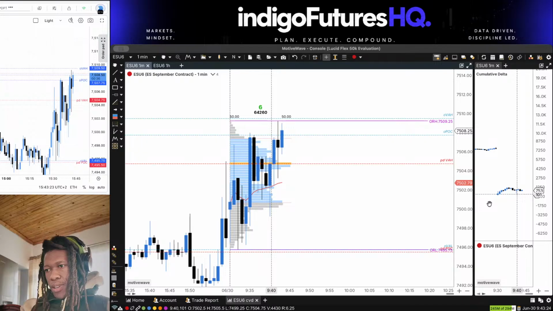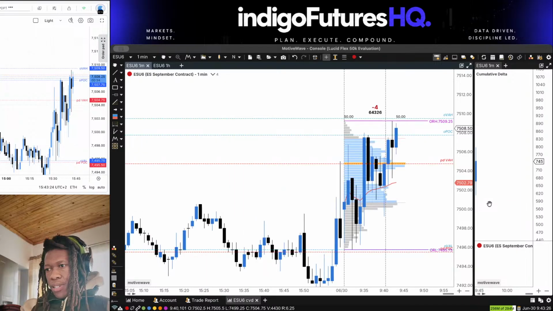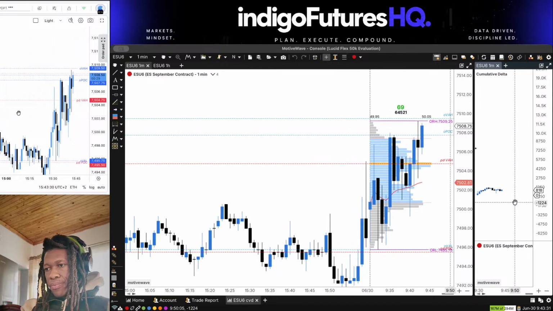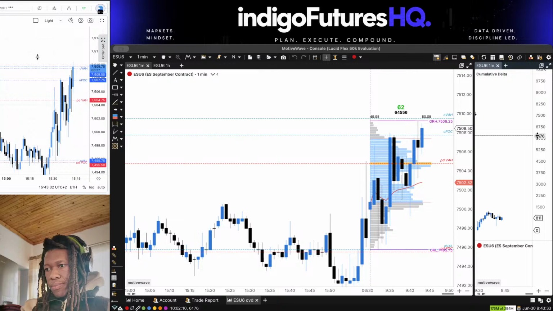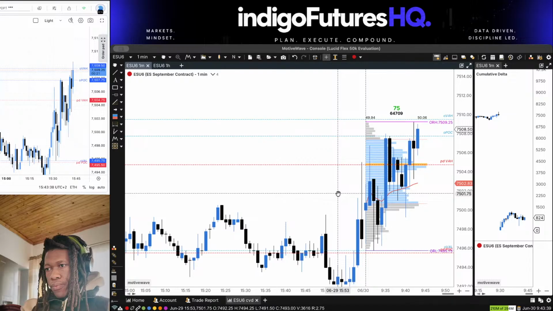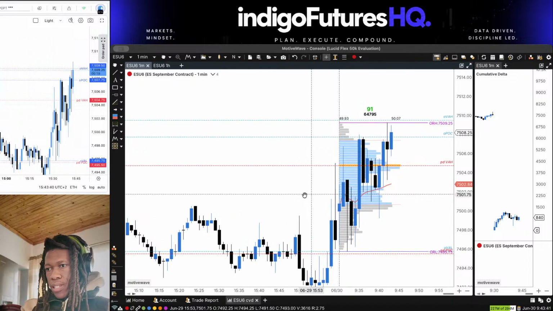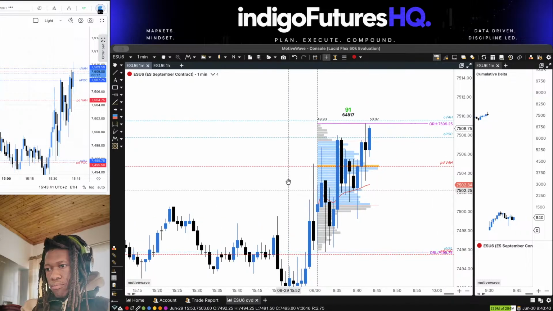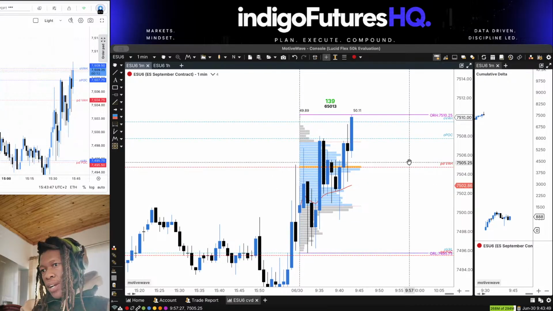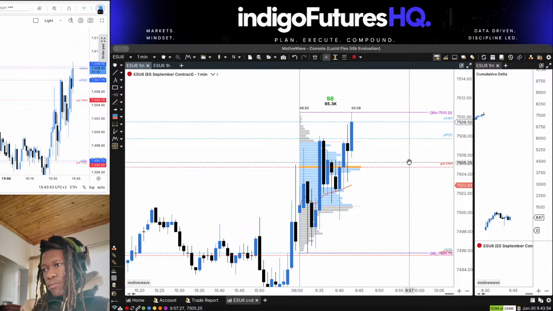Also, just watching the CVD, not much happening on the CVD, not just as of yet. Overnight value area high, do we accept above it? Yeah, because that looks like a break of previous day value area high.